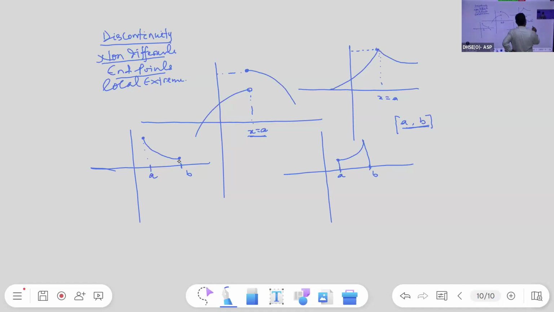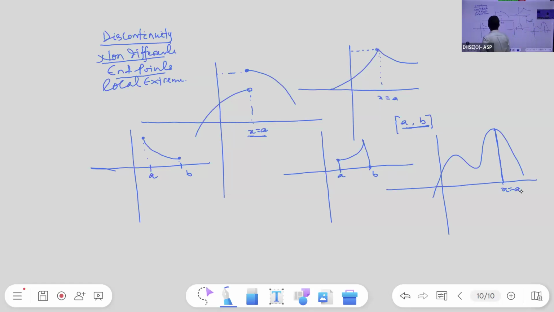Then the next case is local extreme points. The global maximum value may exist at x is equal to a, where x is equal to a is a point of local maximum.